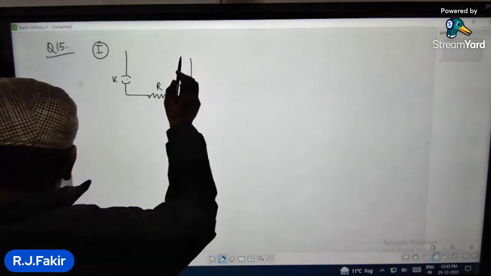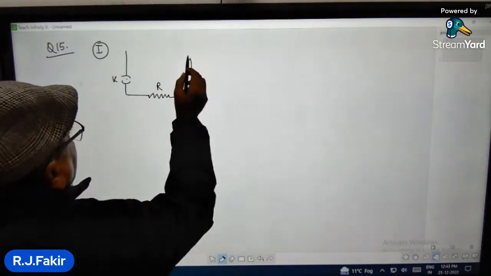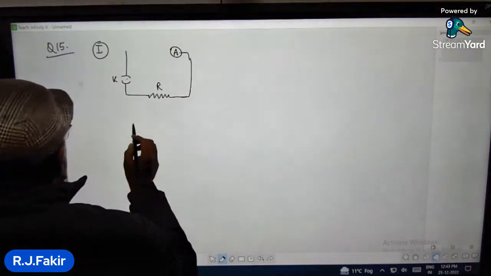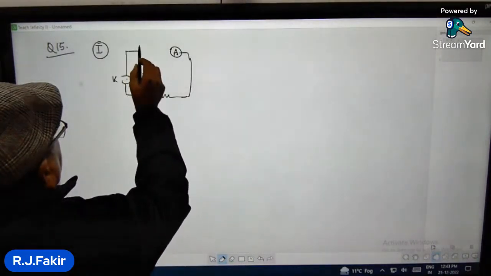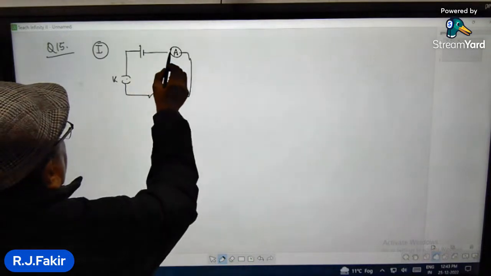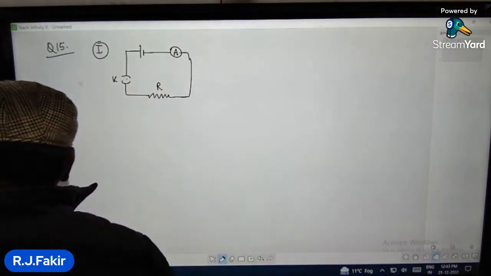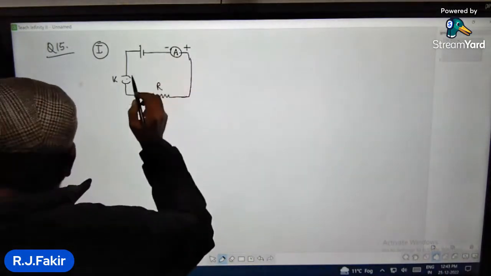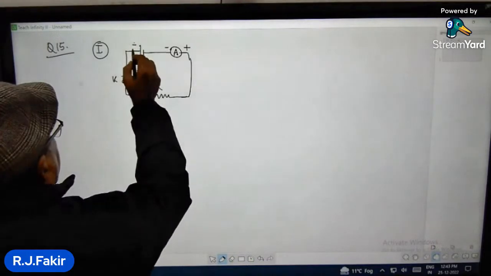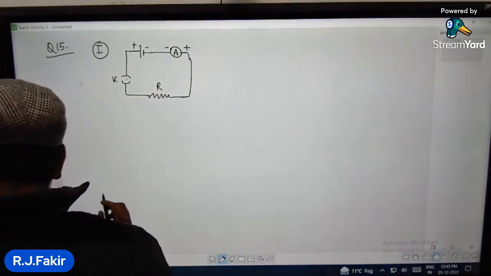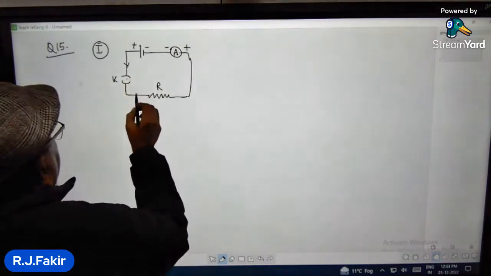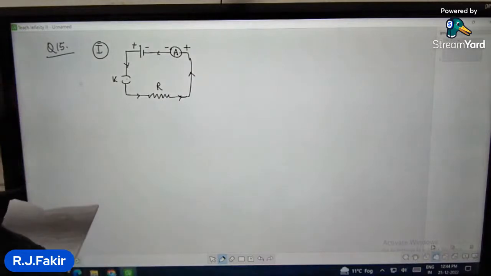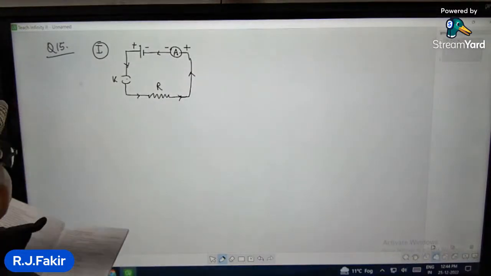It's going back to the ammeter, and it is connected to a battery. This is positive, negative, and current is flowing in this direction. This is the first arrangement.